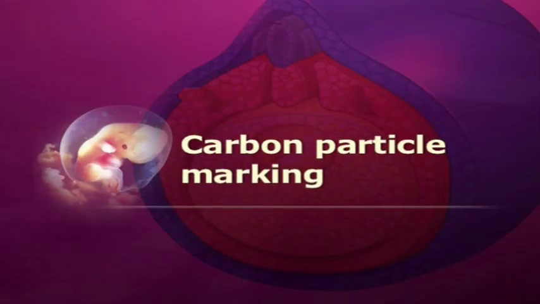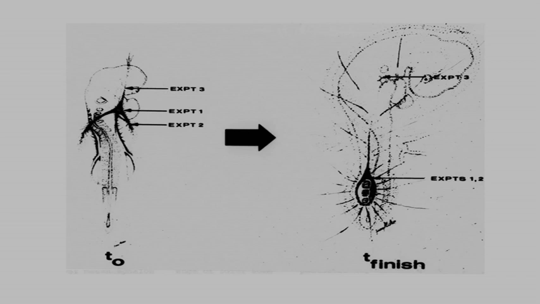Similarly, several such stain marks can be made on the surface of the same embryo using different colors and the various organ forming areas can be marked in this way. Now let us talk about the second method, carbon particle marking. This technique was introduced by Spratt to demonstrate the process involved in primitive streak formation in chick.